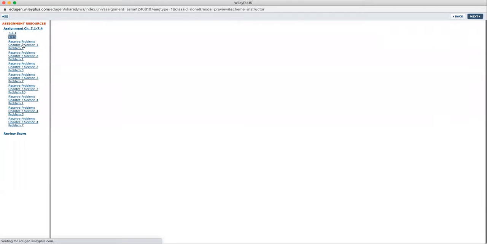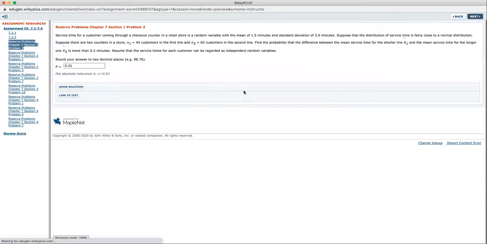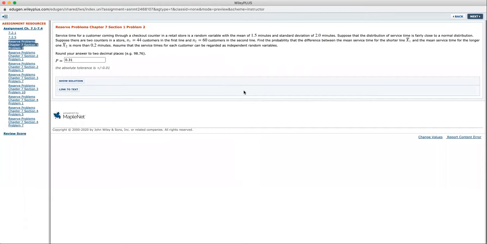Next one: service time for a customer coming through a checkout counter in a retail store is a random variable with a mean of 1.5 minutes and standard deviation of 2 minutes. So mu is 1.5 and sigma is 2.